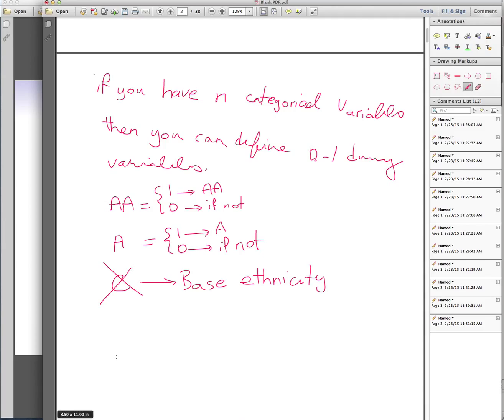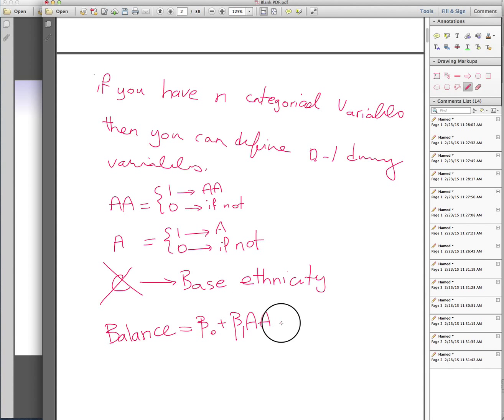Let's say, just for the sake of example, I don't know how these numbers will look later, but let's say the balance is regressed on AA, the dummy variable for African Americans, and the dummy variable for Asians. Again, that doesn't mean anything, I'm just making these numbers up.